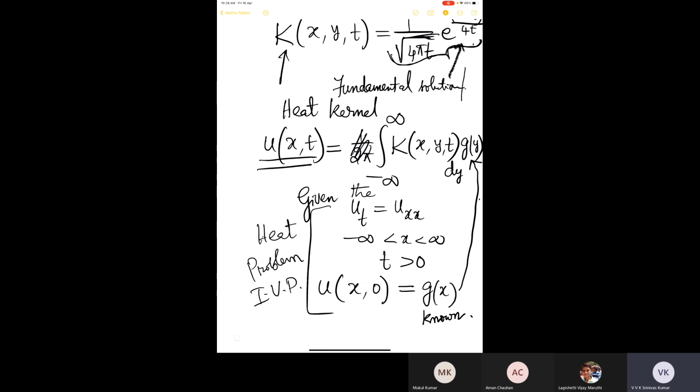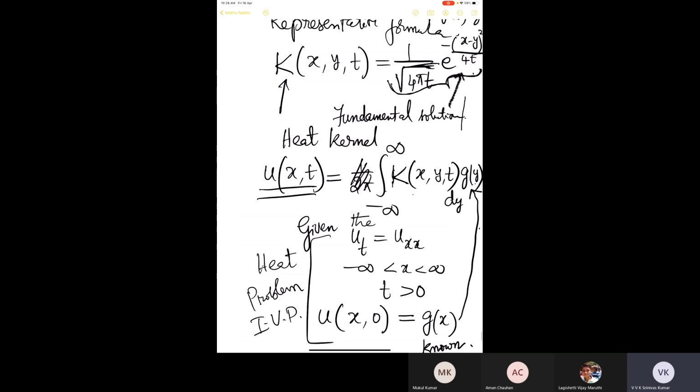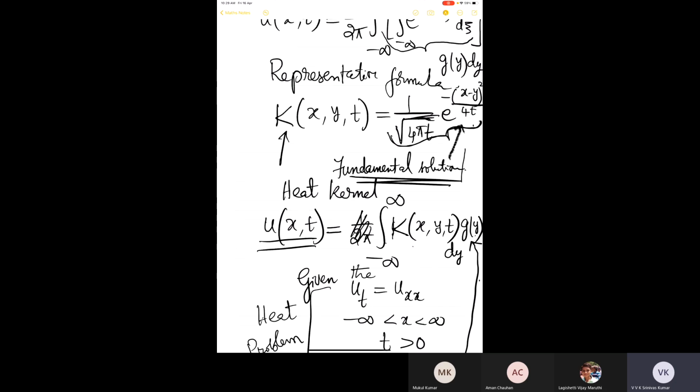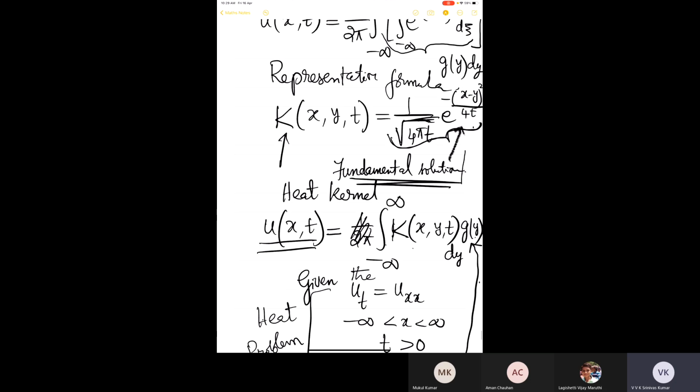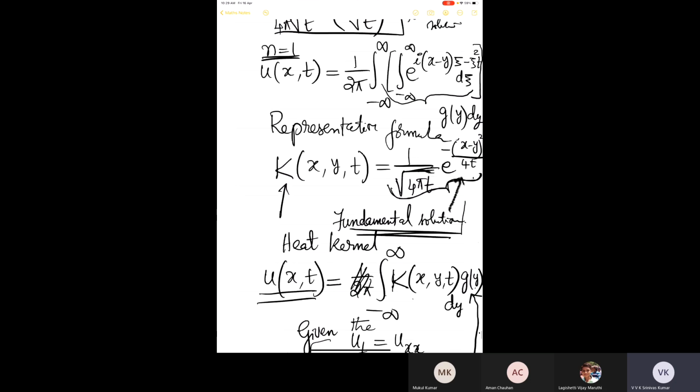So u is represented in terms of the integral equation. An integral equation will always have a kernel. This is the kernel, called the heat kernel, and we have g of y, which is known here. So this is the integral equation. Every time, whatever representation we are doing is in terms of the fundamental solutions, and the goal is to find the fundamental solutions.